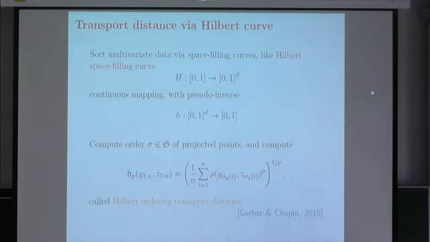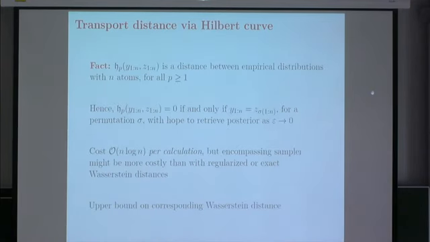And so, this was using this paper, but this can be used for replacing the Wasserstein distance. Okay, so it is a distance, in the sense that it is zero if one is a permutation of the other.